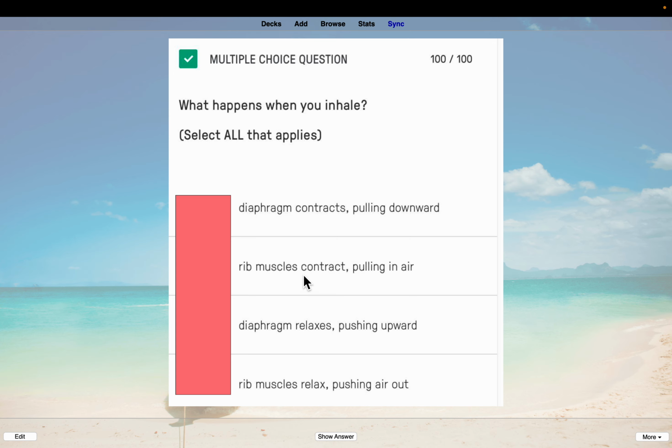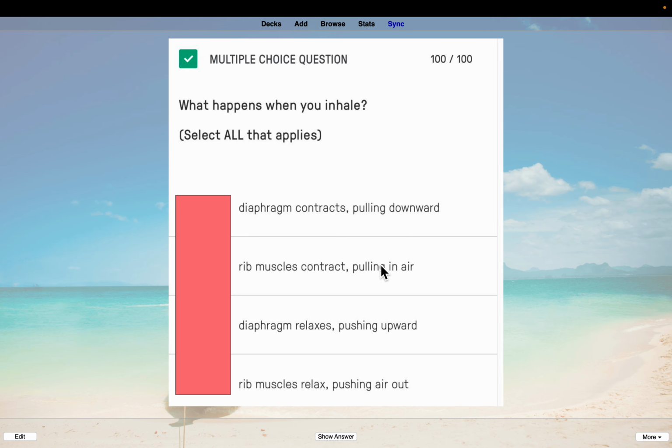Nope, I don't think this is correct. Letter C, diaphragm relaxes, pushing upward. I don't think the diaphragm pushes upward. Okay. I think it's A and B. D isn't better than letter B.